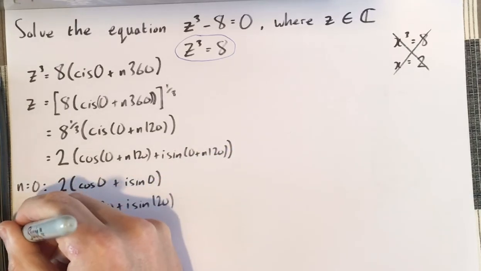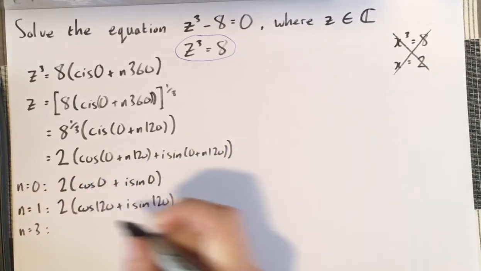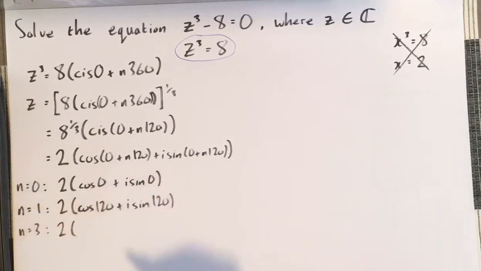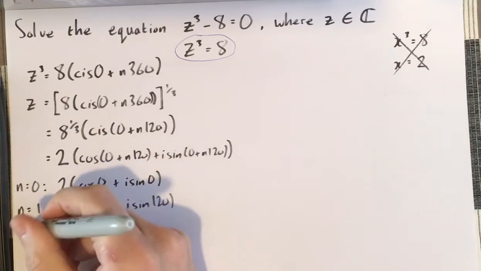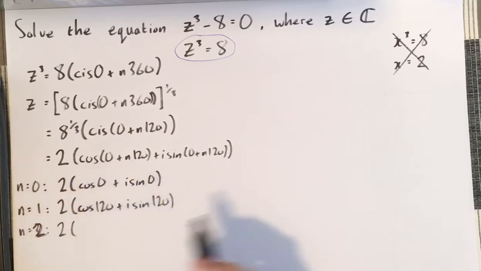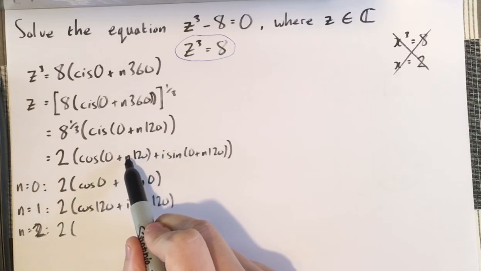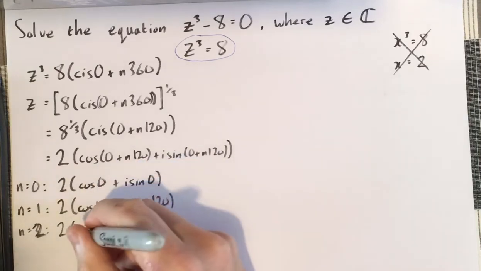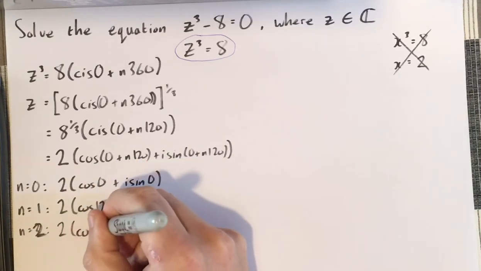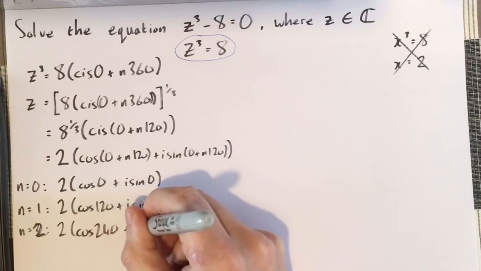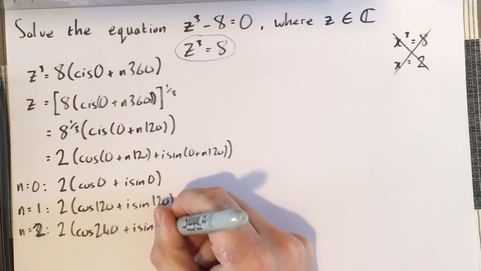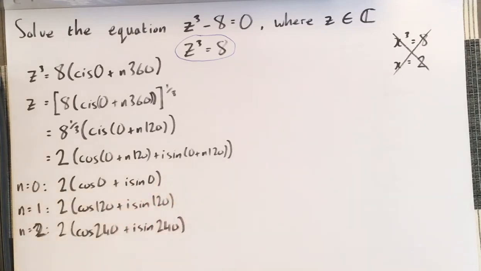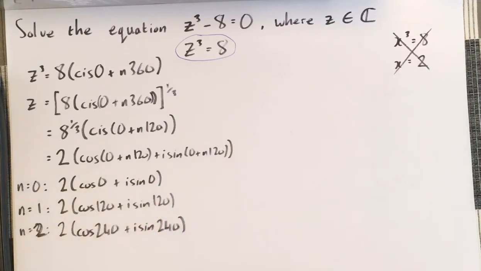And when n is equal to 2, 2 times 120 is 240, so I get 2 times the cos of 240 plus i sine 240. So there are my 3 solutions in polar form.